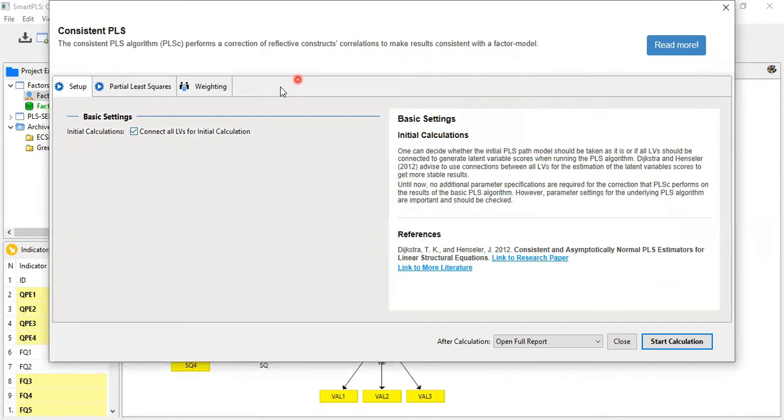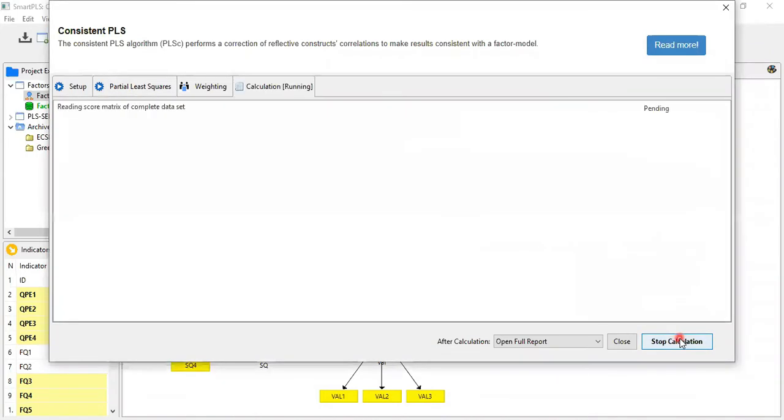Its benefit is that Hair and associates write that they advise connecting all latent variables, LVs, for the estimation of the path, so latent variable scores get more stable. So the benefit is that you will get more stable results if you put this check here. All the other things are okay. Just start calculations.